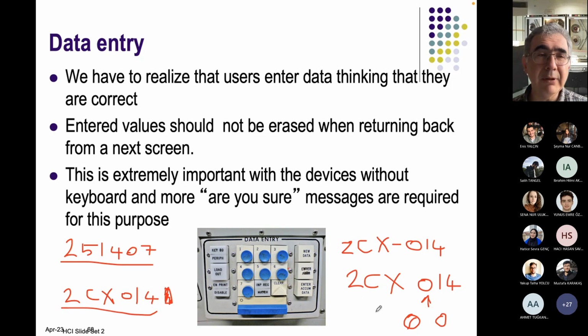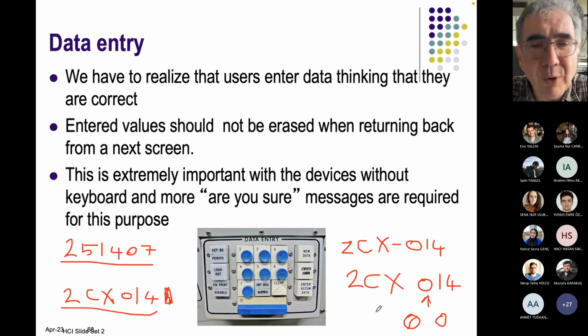Then they will have trouble because they will think that it is 0 when it was O, or they will think O when it was 0. And that kind of thinking is highly influenced by the neighboring characters. If the neighboring character is a letter, then you will think that it is O.